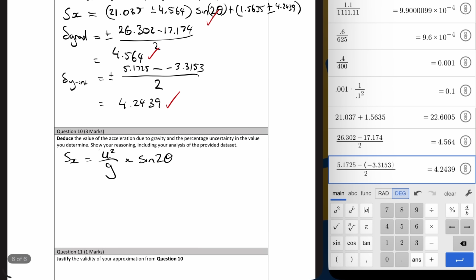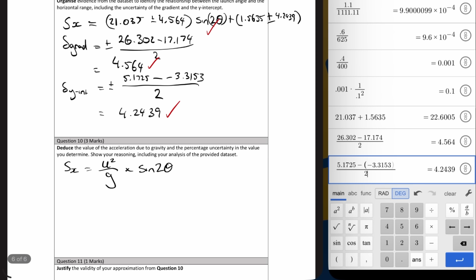Now u squared is given, u is 15. g is what we're trying to figure out here. The only thing with uncertainty is our gradient. So if I was to take this equation here, S of x is equal to 21.035 times sine of 2 theta.